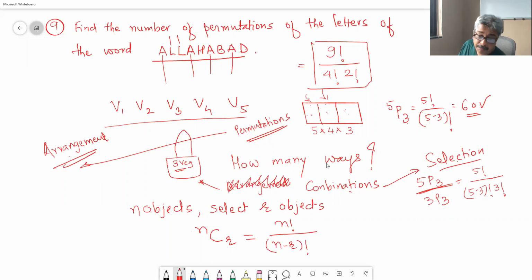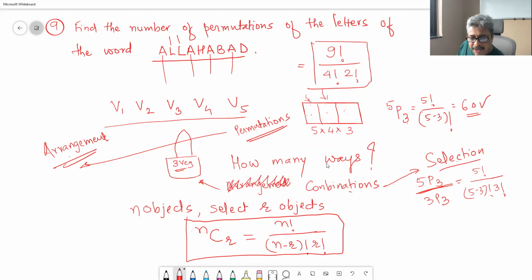These are the number of permutations. Out of these permutations, I am not interested in their positions, and there are total r positions. So the factor will get reduced by r factorial. So the formula for n choose r, which is very, very important, is n factorial divided by n minus r factorial into r factorial.